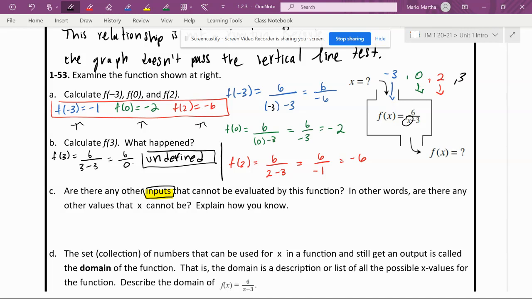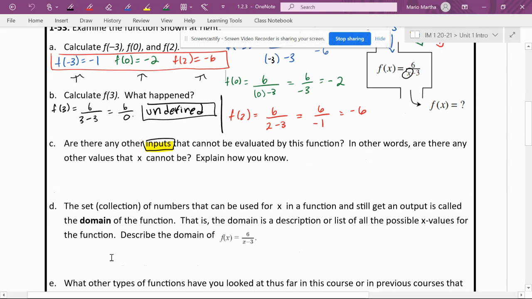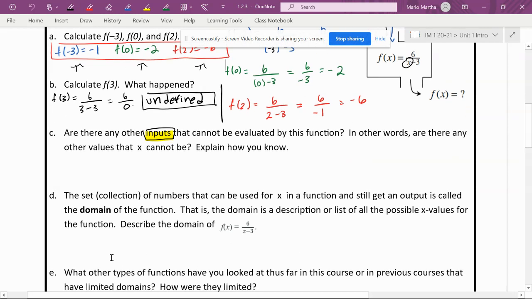Do you think there are other values that would make it undefined? In this case, there are no other values that would make it undefined. So we can say the only input that makes the function undefined is 3.